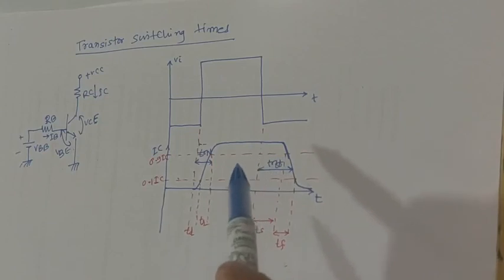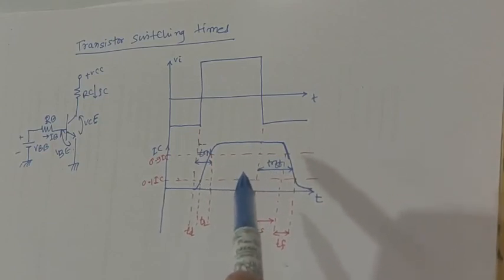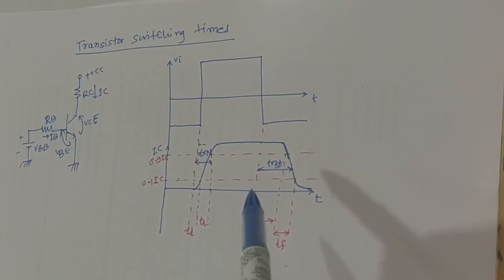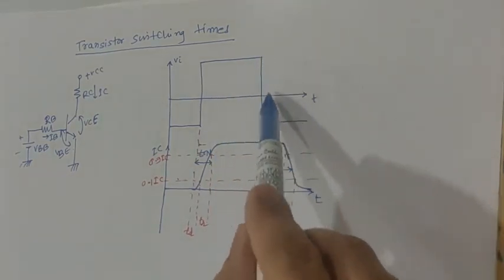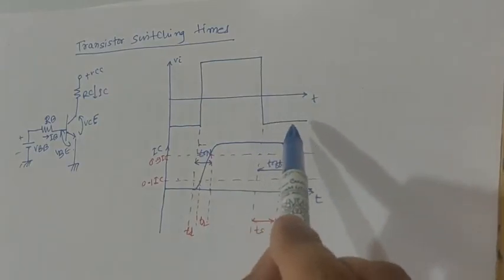Remember the interval which elapses between the transition of the input waveform and the point when the IC has dropped to 90%. The input waveform has changed its orientation; now it is falling down, going negative.